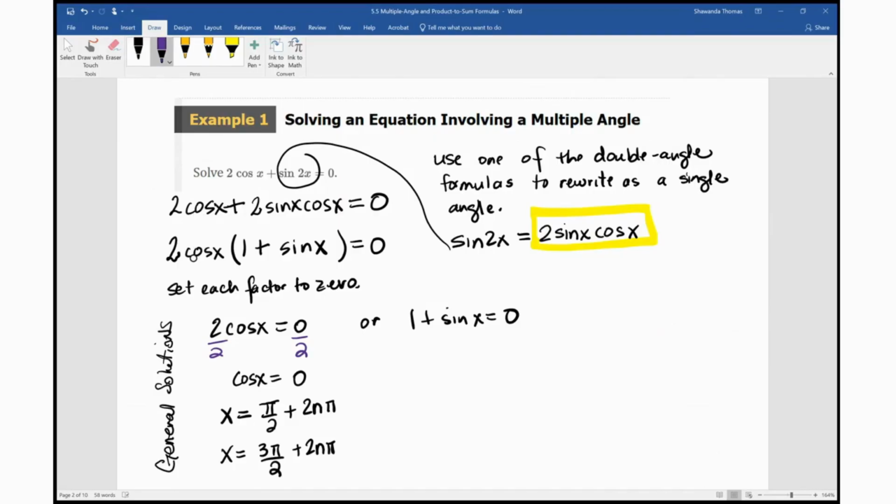Over here, we need to subtract 1 from both sides. That gives us sine x equals -1. So when is sine -1? X equals what? Sine of what equals -1?